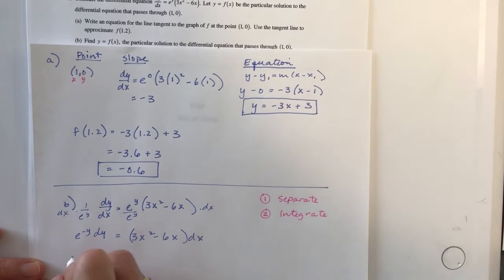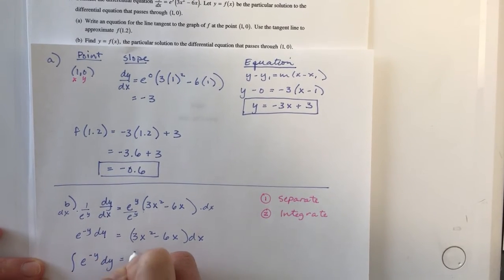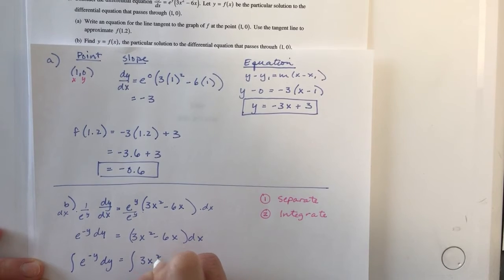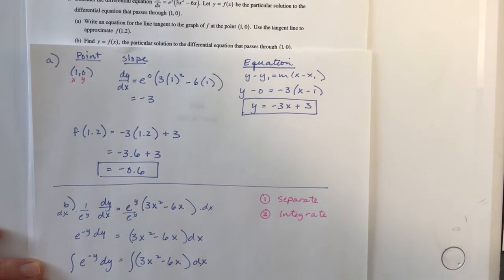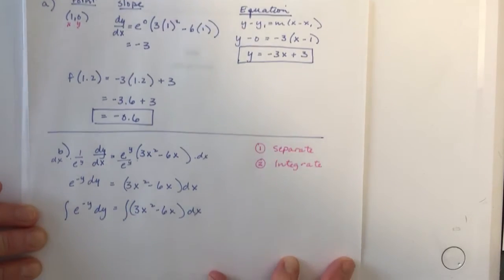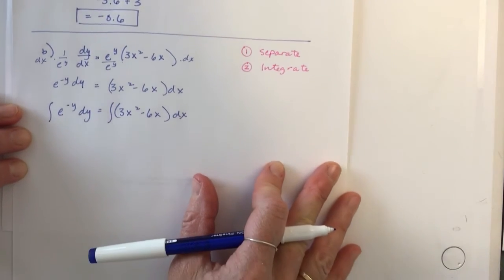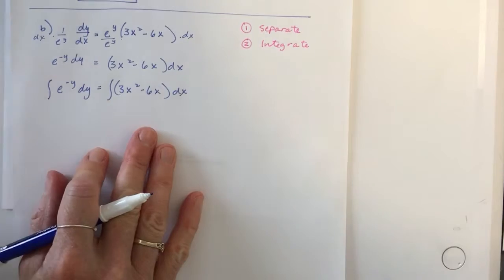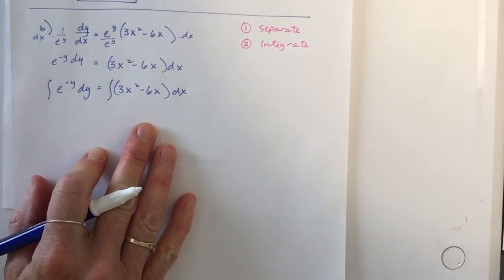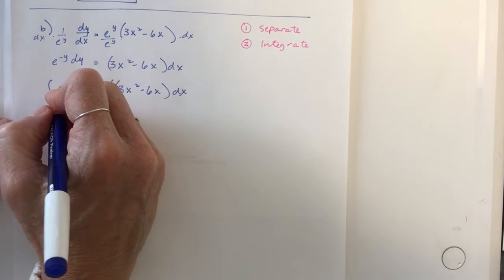And then our second step, so that was step 1, is to antiderive. The integral of e to the negative y dy is equal to the integral of 3x squared minus 6x dx. Okay. Oh, and I'm almost off the page here. Here we go. I'm going to move us all the way up. Okay. So we want to antiderive.